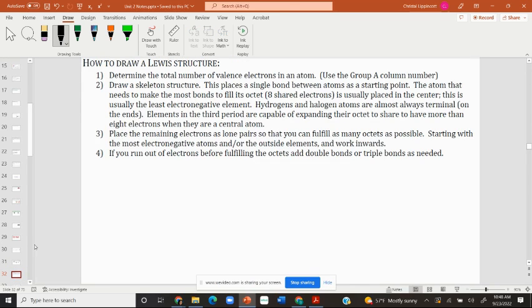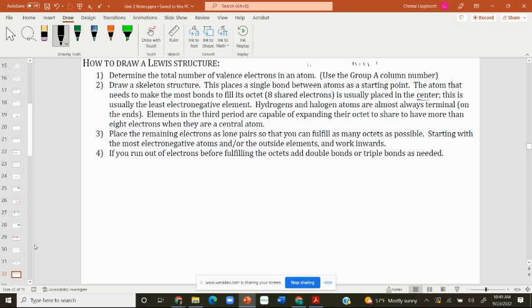So how do we draw these? We determine the total number of valence electrons, and I showed you how to do that: 1, 2, skip a few, 3, 4, 5, 6, 7, 8. We draw the skeleton structure. That's going to place a single bond between the atoms. The atom that needs to make the most bonds to fill its octet is usually placed in the center.